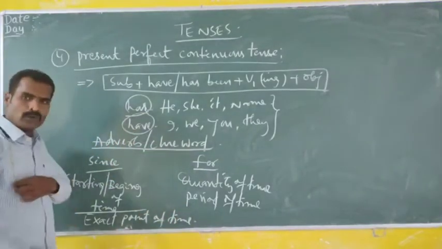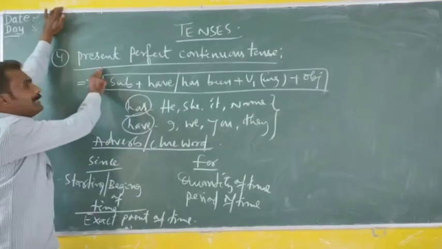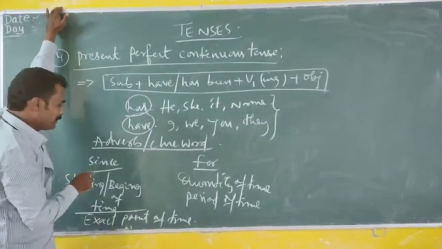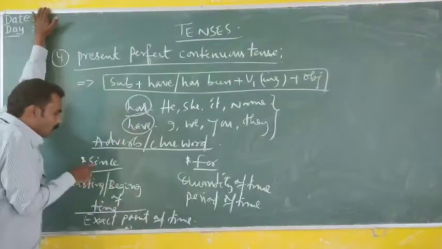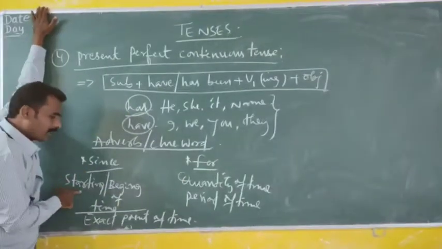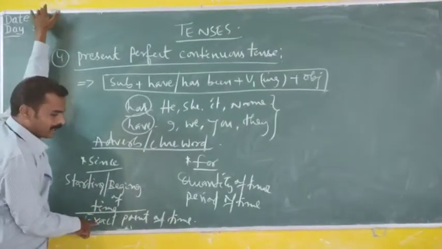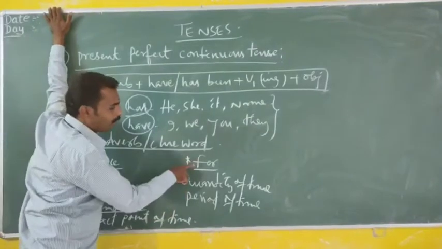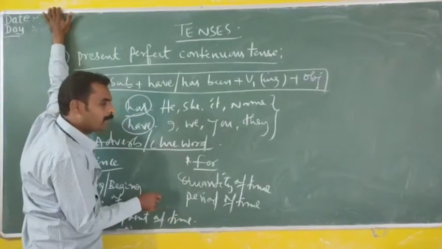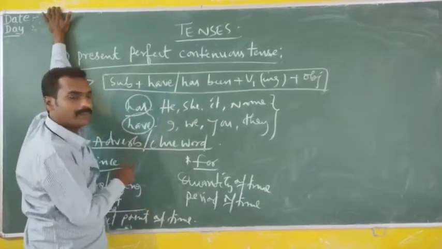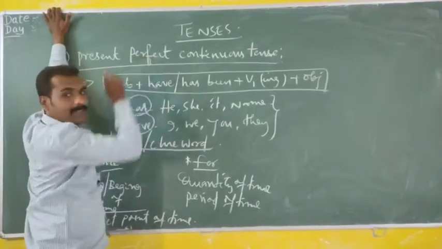So mostly we use two adverbs or clue words in this present perfect continuous tense: since and for. We use since for a starting or beginning of time, or exact point of time, and for is quantity of time or period of time. So these are the two occasions we use under this tense.